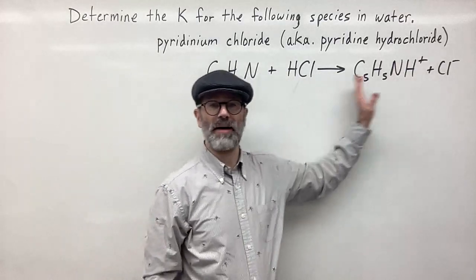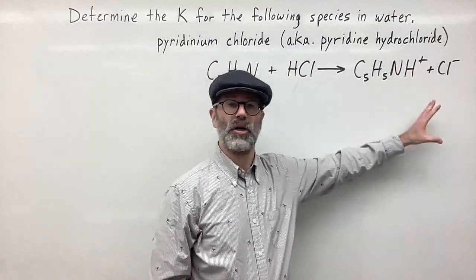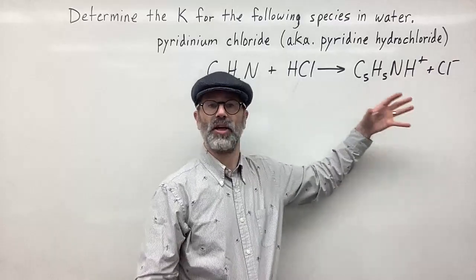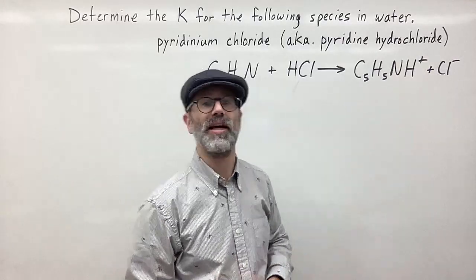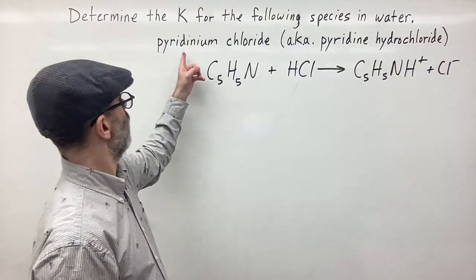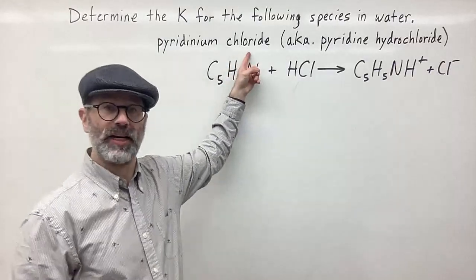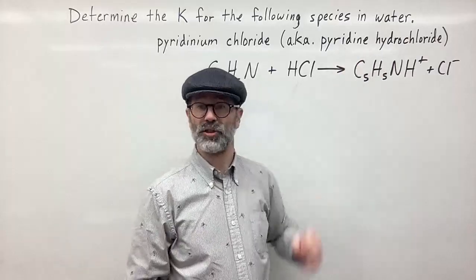When you have this as a solid, if you were to evaporate it, these would come back together and you'd get a salt, and that salt is called pyridinium chloride, or pyridine hydrochloride.